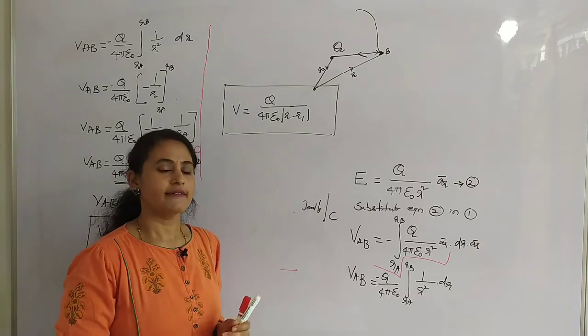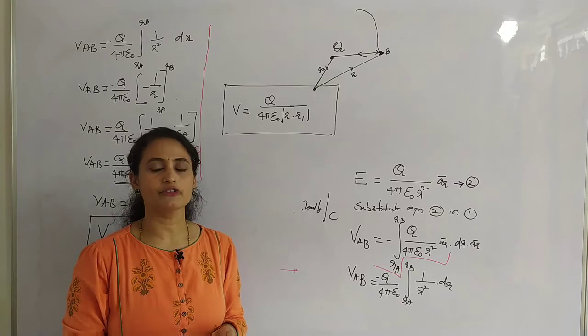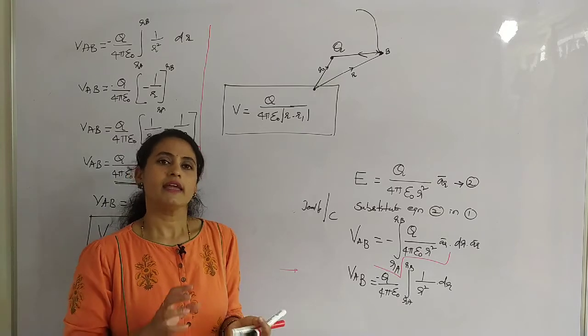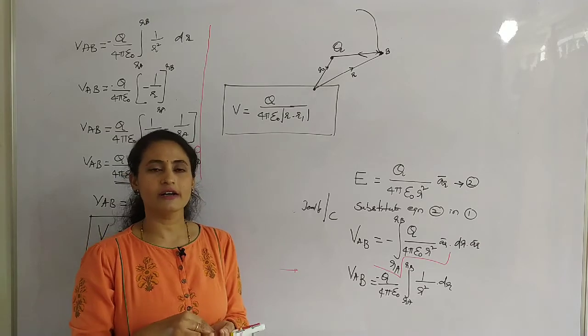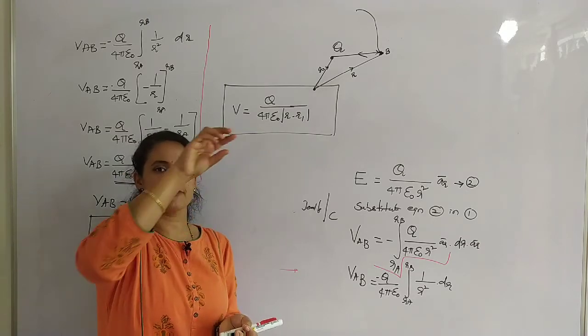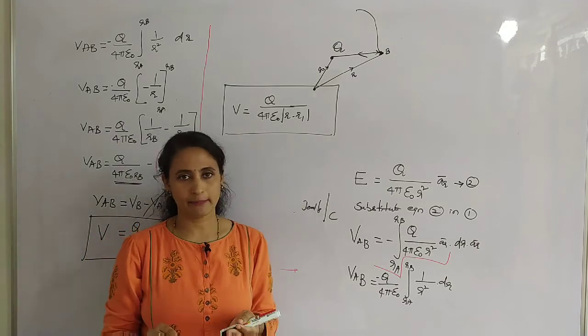Now we will see the electric field created due to multiple charges. In that electric field we have to do some work to bring a point charge from infinite distance to a particular point.